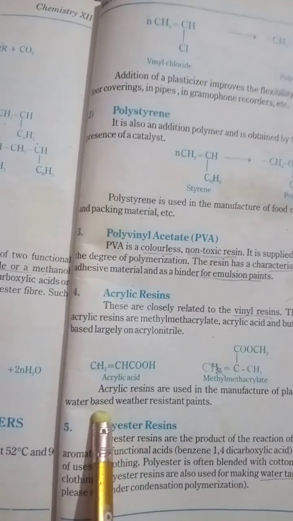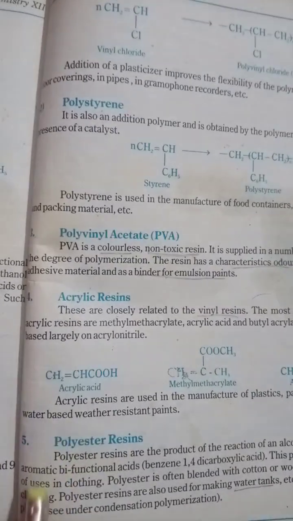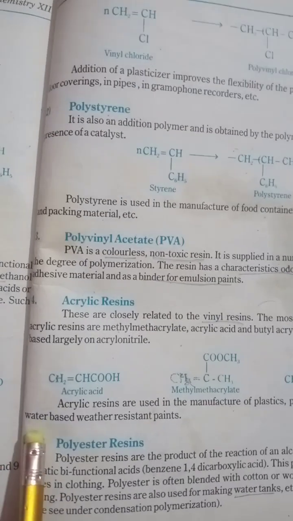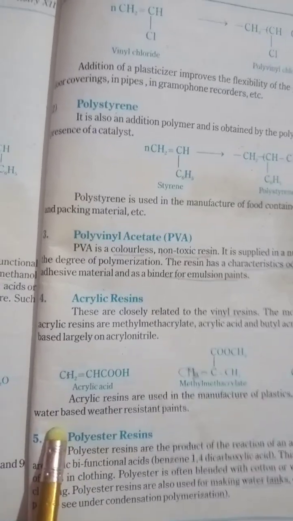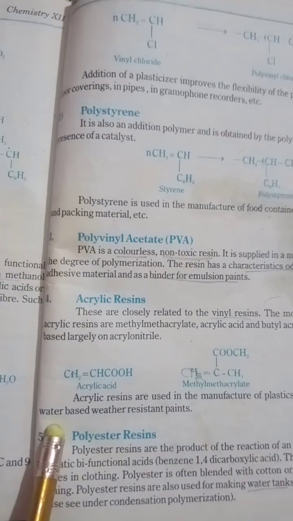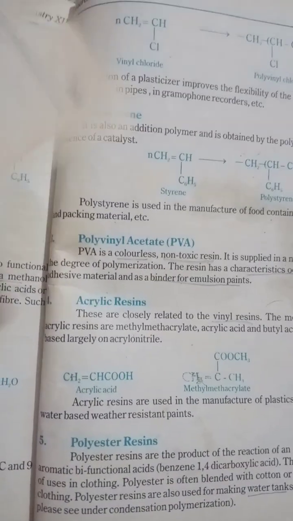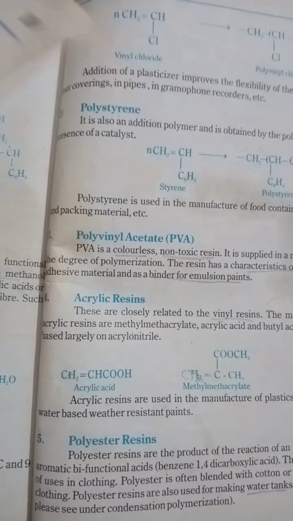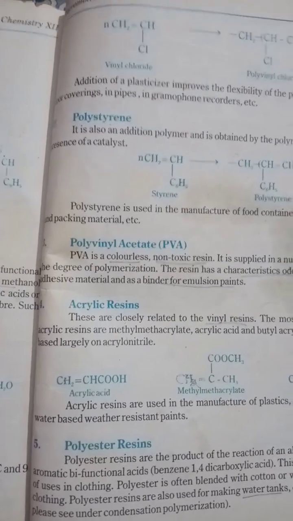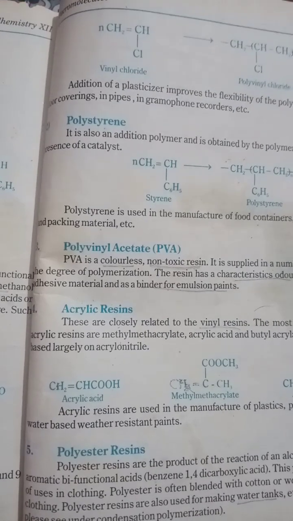These acrylic resins are used in the manufacturing of plastics, paint and car industries, and water based weather resistant paint, where weather resistant paint is required. It is also used in plastics.